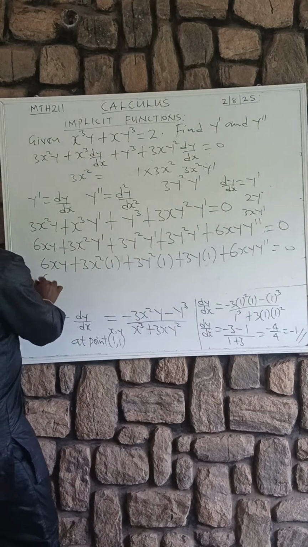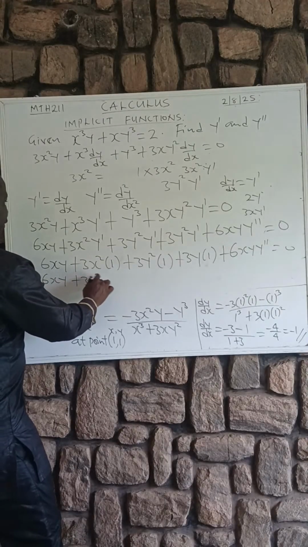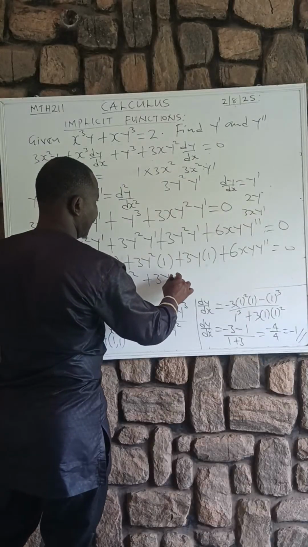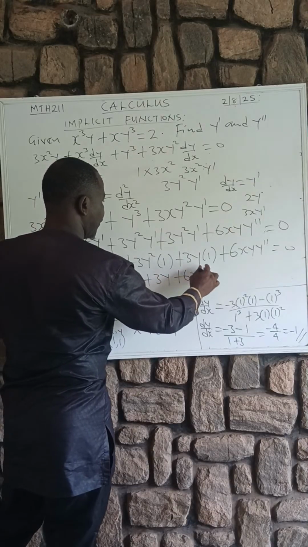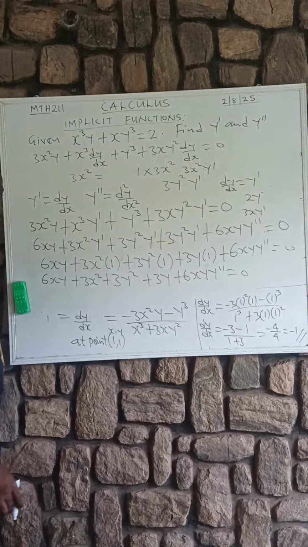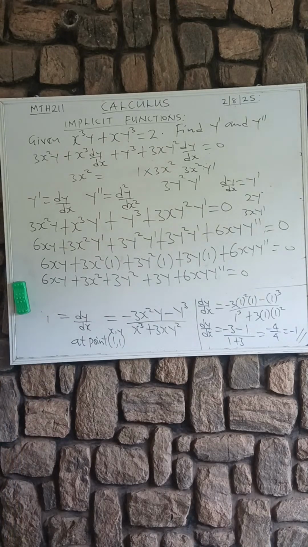So here will be 6xy plus 3x squared plus 3y plus 6xy y prime equals to 0. Am I right?